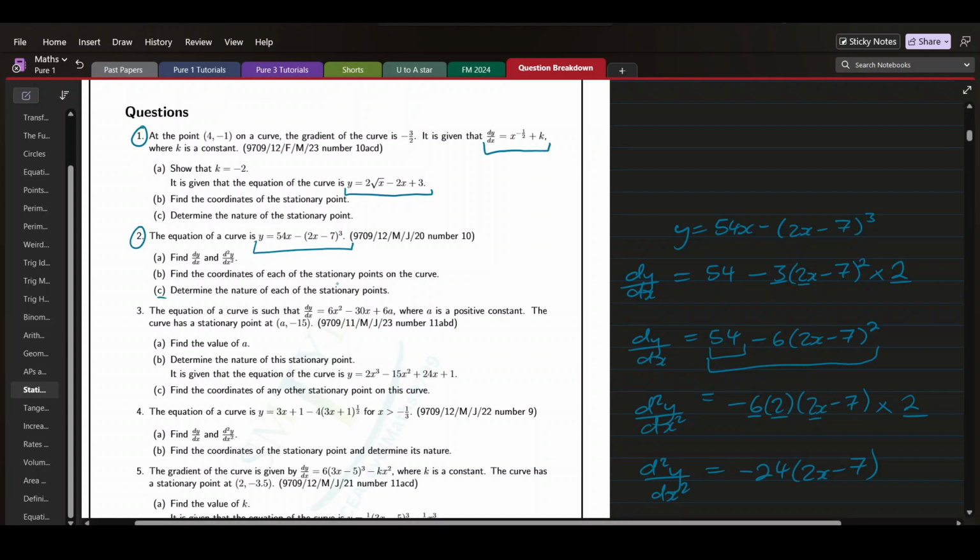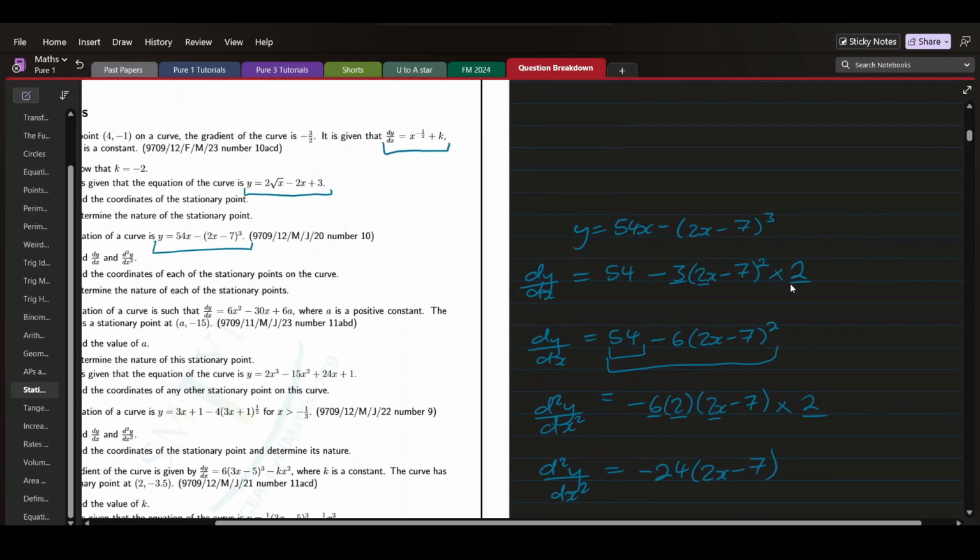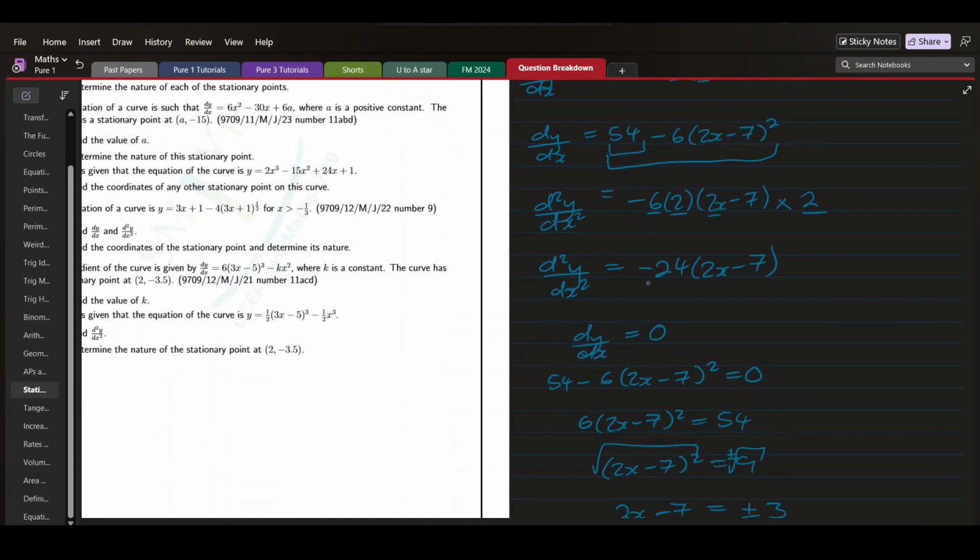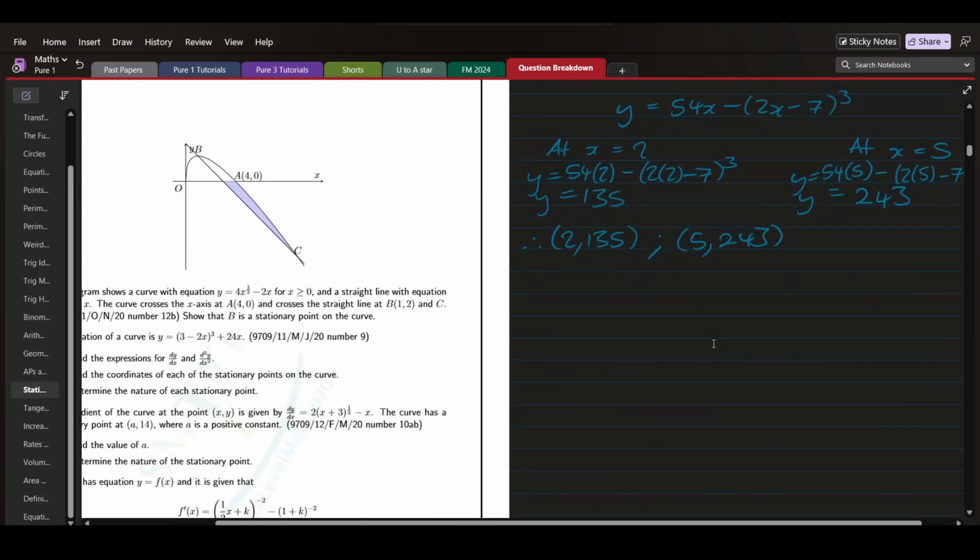Part C says, determine the nature of each of the stationary points. So in part A, we already evaluated our second derivative, which is negative 24 times (2x minus 7). So I'm just going to copy that at the bottom. Now let's start by evaluating at x is equal to 2.